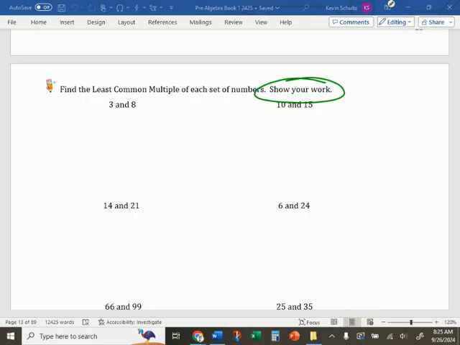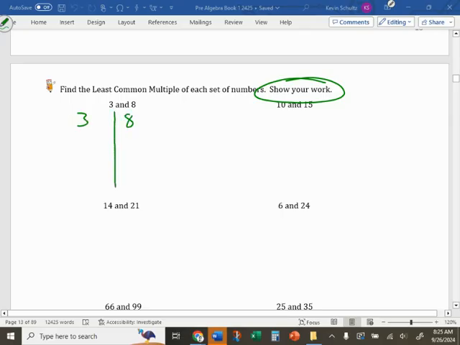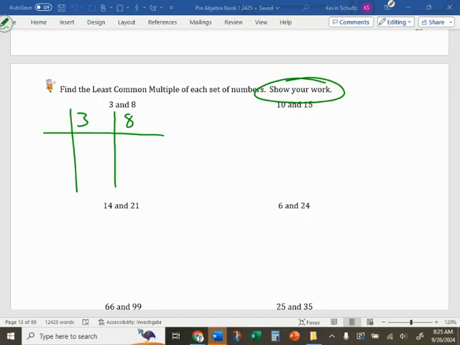If you make your table, and you put them in there, and there's nothing that can go into 3, I can't reduce either of these, so I'm going to take my 1. This will not be a very big L, but you would just end up multiplying just like that.